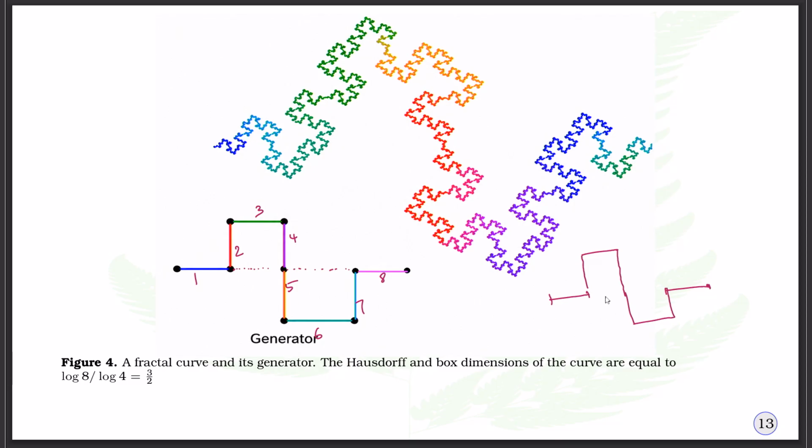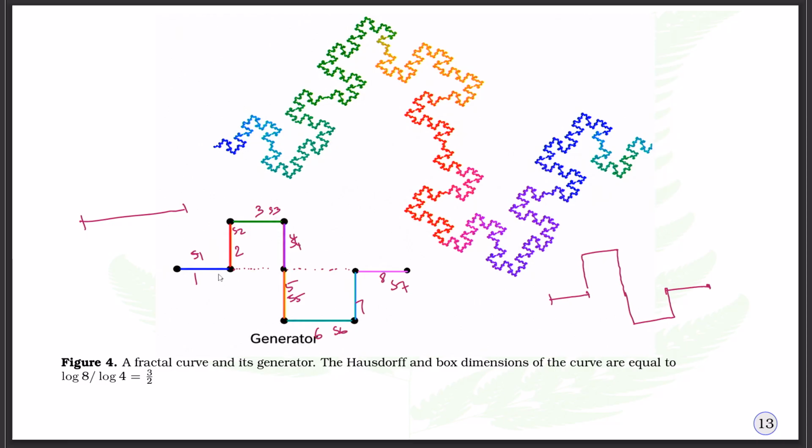So, this is the 1, 2, 3, 4 interval. The unit interval is divided into 4 parts. So, if we want to construct this generator, we need S1, S2, S3, S4, S5, S6 and S7.